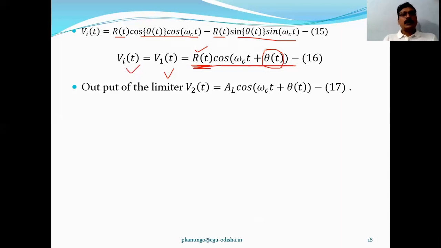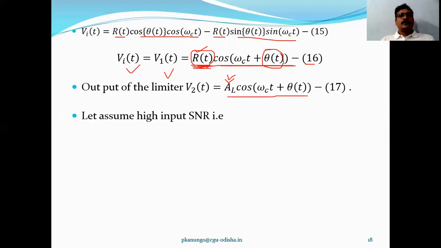So the output of the limiter: now we will pass this signal through a limiter. Naturally, the amplitude will be limited to a certain level. Here we have assumed the same amplitude AL. So this RT will be limited to AL. Now equation 16 will reduce to AL cos omega ct plus theta t. Let us assume high input SNR.